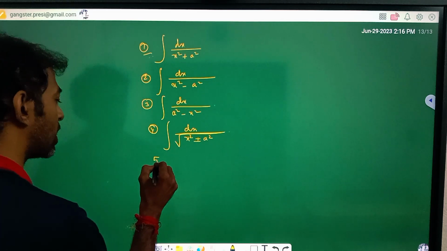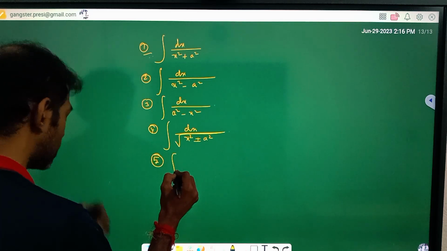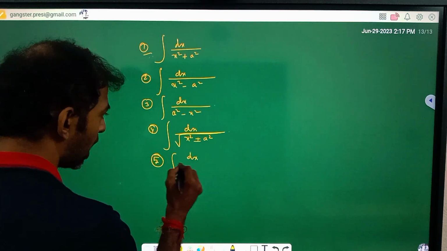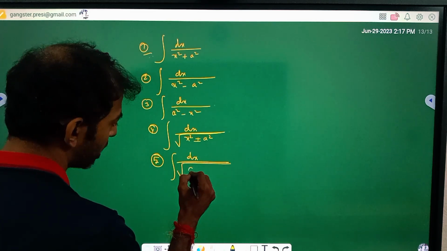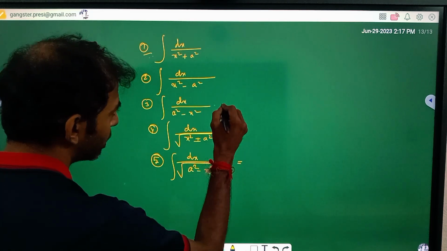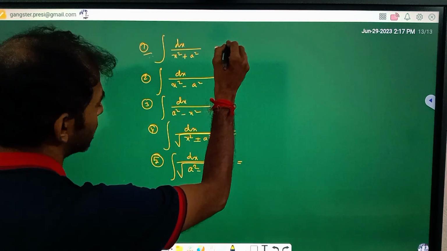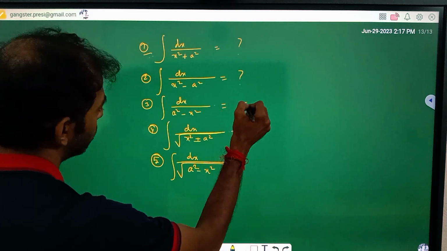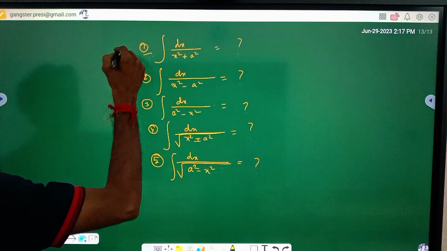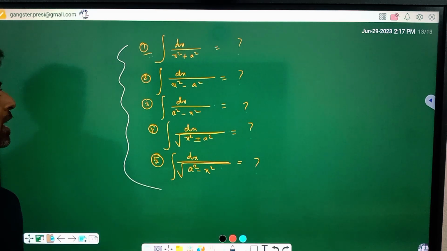And the fifth one is integration dx by under root a square minus x square. So what will be the results here? You just need to integrate those 5 integrals, okay, and comment to me about that.